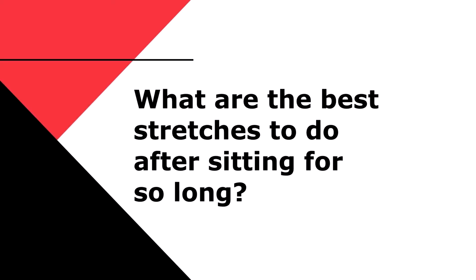That makes perfect sense. What are the best stretches to do after sitting so long? Let's assume that somebody doesn't have any issues yet. So what stretches should we be doing? Your hip flexors are right below the rib cage all the way down to your hip.